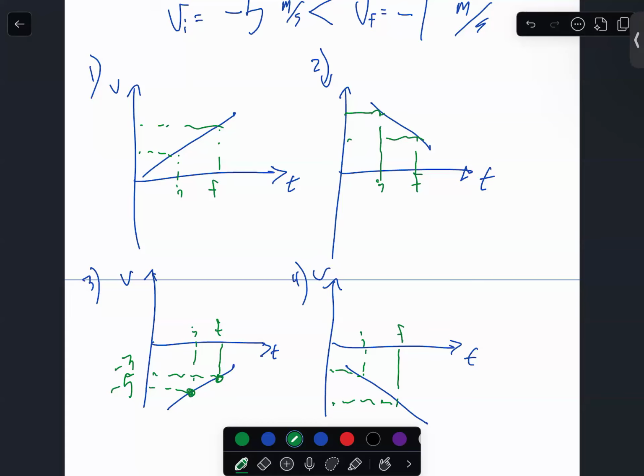So anything that looks like this, increasing velocity. Anywhere like this, decreasing velocity. If the slope is negative, the velocity is decreasing. But the absolute value of velocity is decreasing if I point toward 0. Here's slowing. Here's speeding up. Slowing down, speeding up.